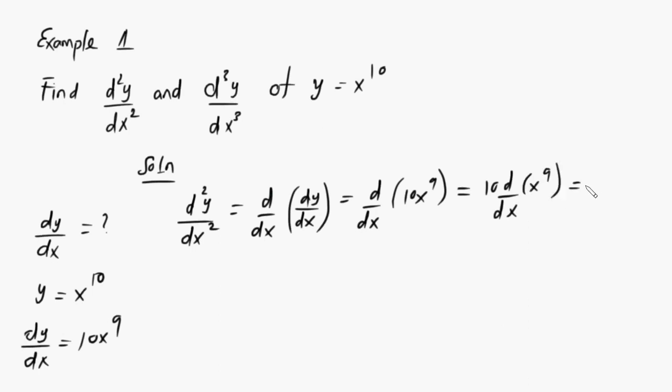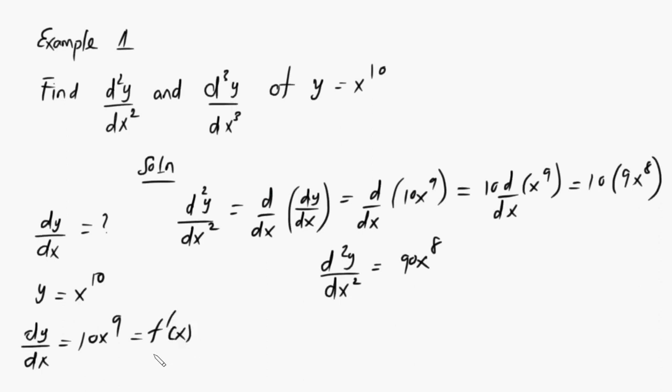Napata 10 times 9x power 8. So my second derivative now is just what? Is just 90x power 8. Sasa huyu derivative alama yake nyingine tulisema ni hii, can remember? Kwa hiyo na huyu alama yake nyingine ni hii. Kwa hiyo unaweza kaandika pia in this form. So this one is the second derivative, 90x power 8.